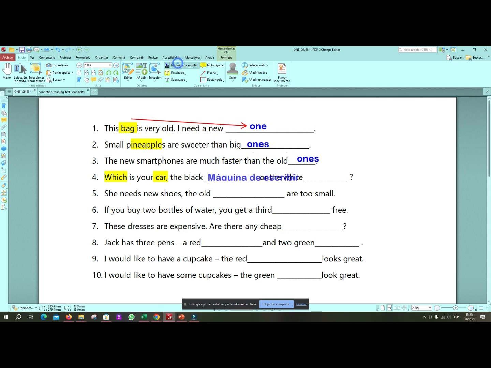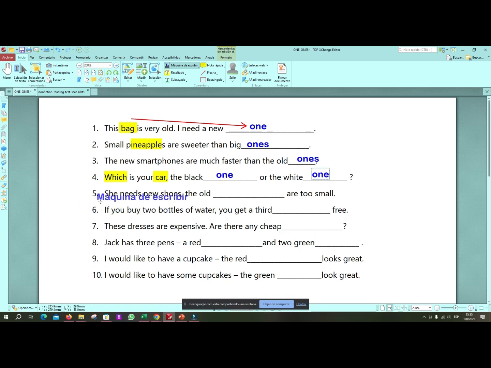So, one or ones, guys, in this case. Which is your car? The black one, yes. The black one or the white one, because you're talking about the car. Yes, one. Perfect.